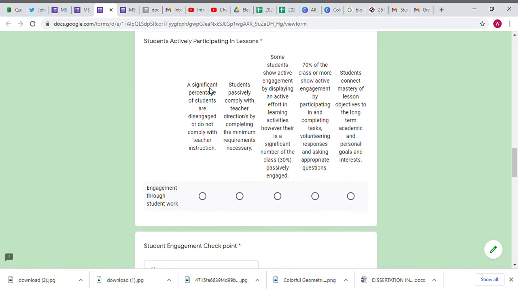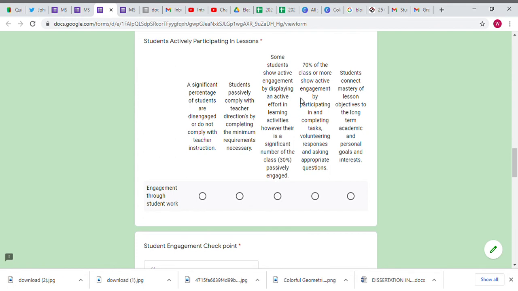A significant percentage of students are disengaged and do not comply with teacher instruction. We also have students passively comply with teacher direction by completing the minimum requirements necessary. Next, we have some students show active engagement by displaying active efforts. However, there is a significant number of the class that's passively engaged.